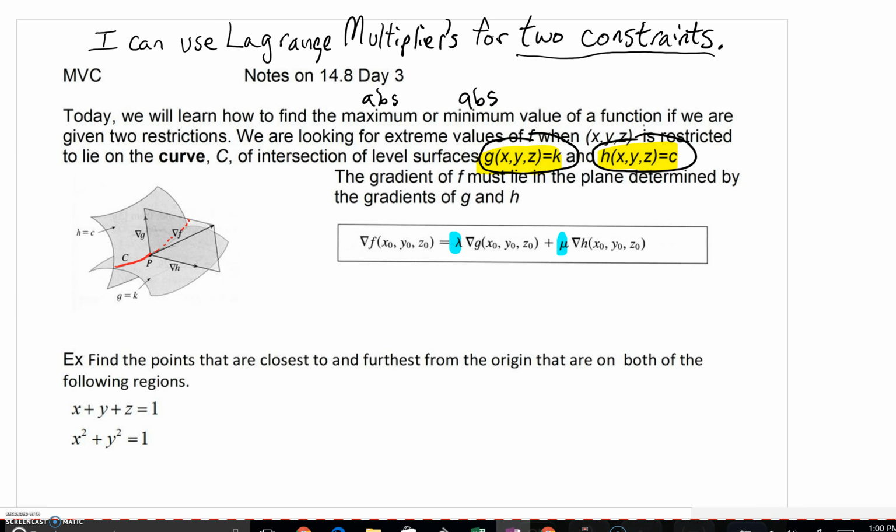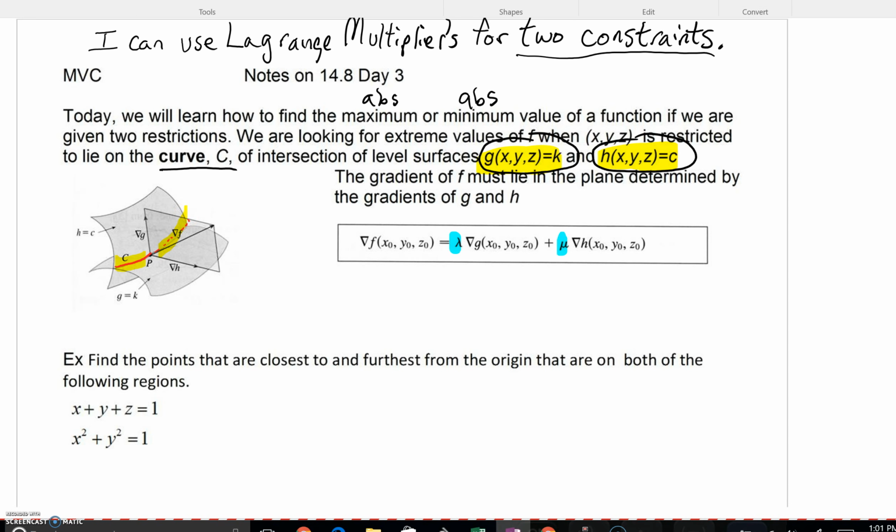So we've got two constraints here. So here's what's going on. If we were to graph where G and H are intersecting, they would intersect at a curve C. And you can see in this picture, I've actually already highlighted that curve C in red. So you can see that's more or less coming this way.